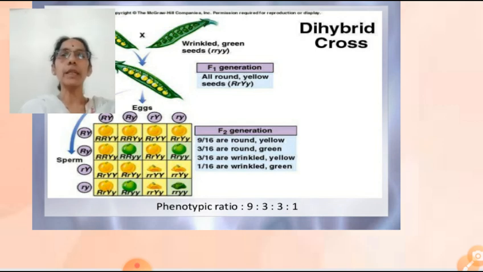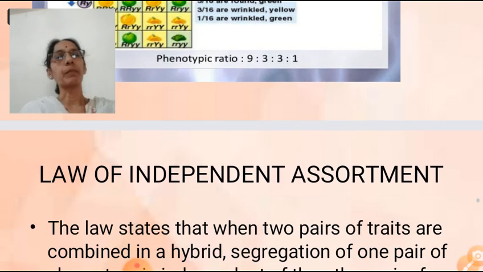Parental combination is of round yellow, wrinkled green. But here we got round green as well as wrinkled yellow. In which generation? In the F2 generation. So along with the parental combination, we have got new combination, that is called a recombinant.